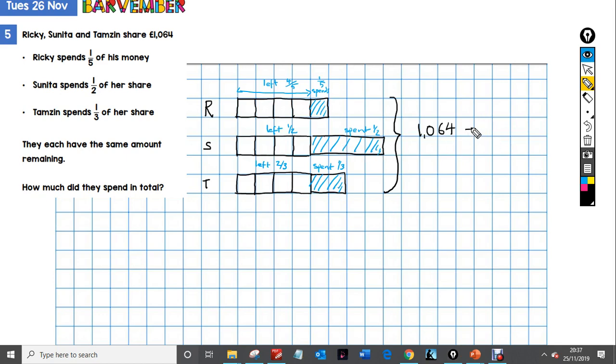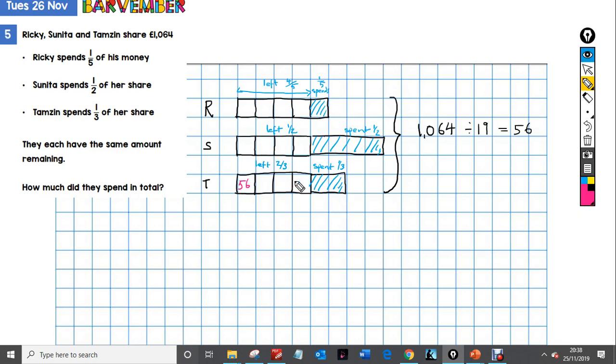So we need to divide this by 19, and as if by magic, I'm not going to do this in my head, I did it earlier. So that gives us 56. So 1,064 divided by 19 gives us 56. So I now know that each of these portions is worth 56.